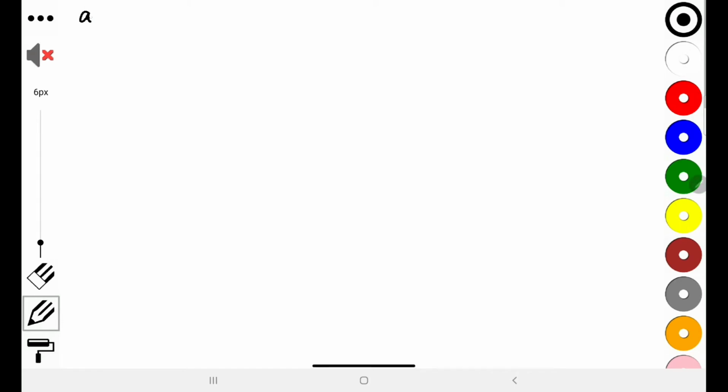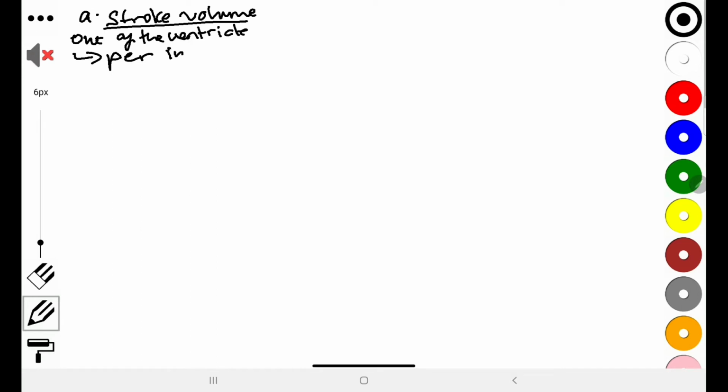The first one that I'm going to talk about is one that is known as stroke volume. So what is stroke volume? Stroke volume is the amount of blood out of the ventricle. Now, this is based on impulse.